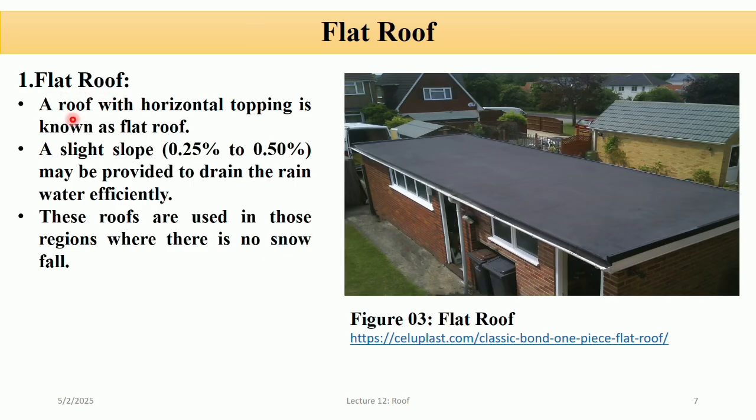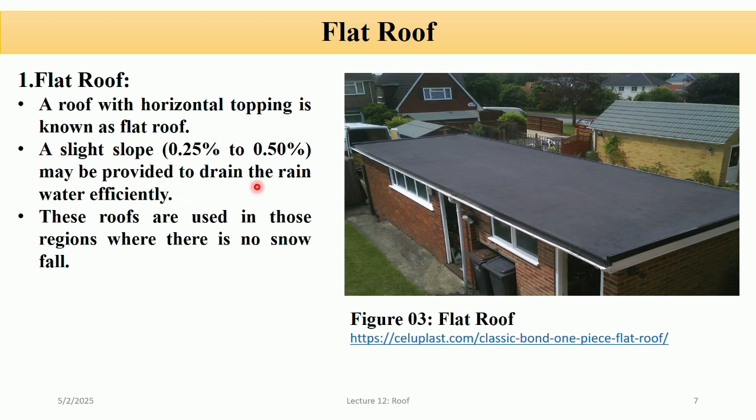Flat roof. A roof with a horizontal top is known as a flat roof. It is called flat because it has a slight slope, usually from 0.25% to 0.5%, to allow for rainwater drainage, preventing water from pooling on the surface.